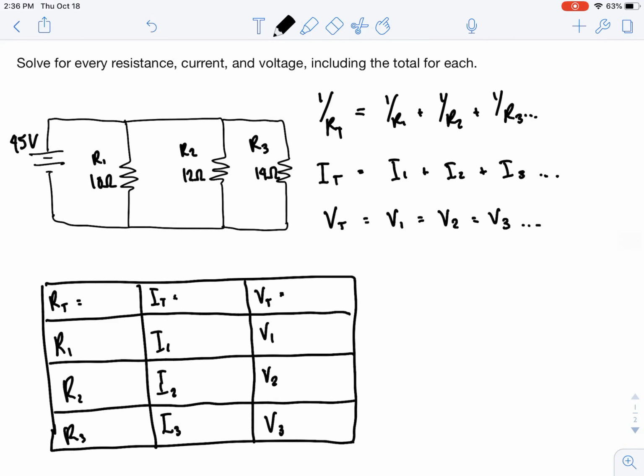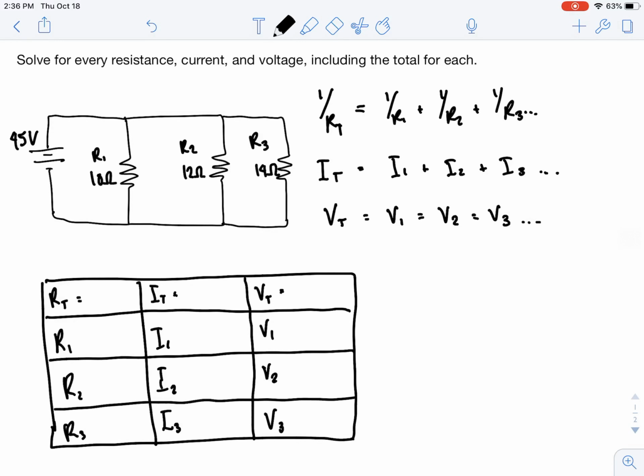Okay, so I'm going to go ahead and fill in what I know. The voltages are the same throughout the entire thing. So that's an easy one to know because it's the same, and I have a 45-volt battery right here. I'm actually going to fill that in with the 45 throughout it.